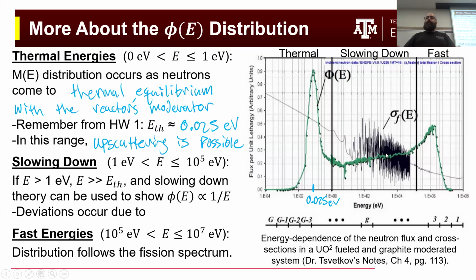That happens because of the fission spectrum, sorry, the fission cross section and the resonances of that fission cross section. So the deviations occur due to resonances in our cross sections.